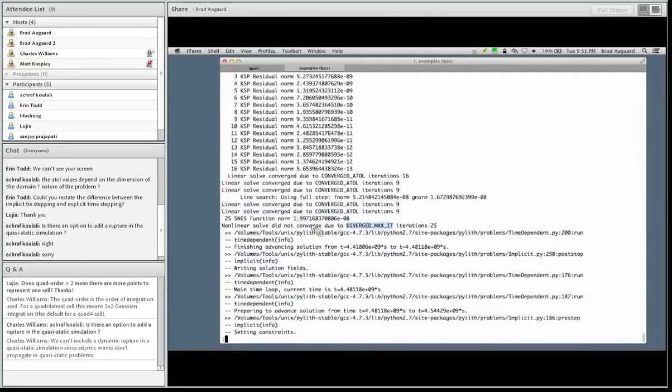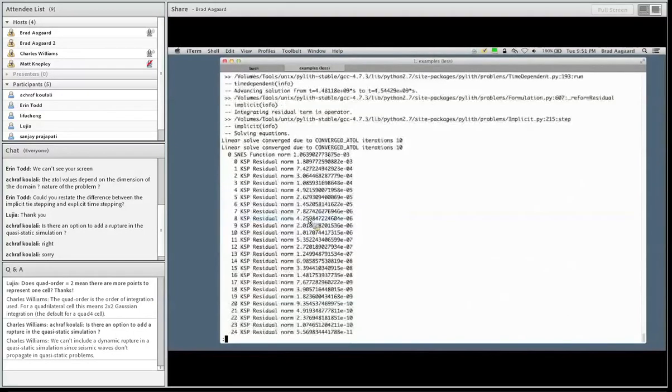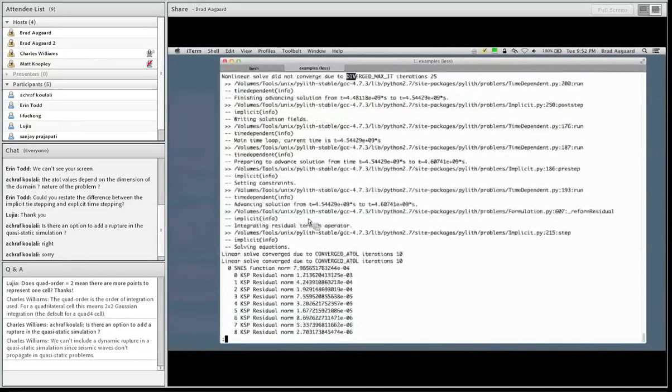So I ran out of iterations. It was at 25. My SNES residual is 10 to the minus 8. So, you know, maybe not too bad. That's probably why I was able to converge later.